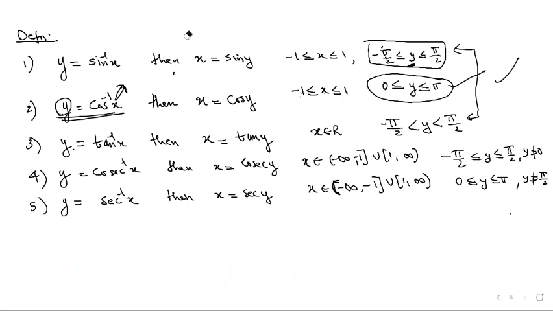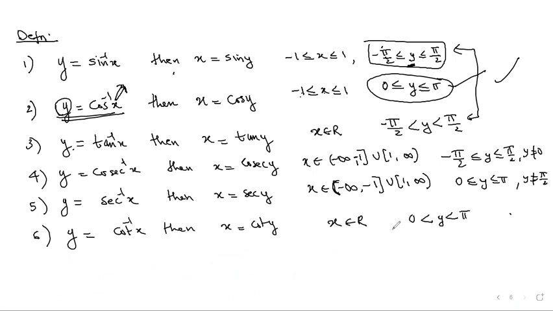Even if you forget this, nothing is going to happen. We have a better alternative, but I'm just giving you the whole definition. And we are going to learn this again in another chapter. X is a real number, 0 less than y less than pi. Is that fine with everybody? Yes, sir.